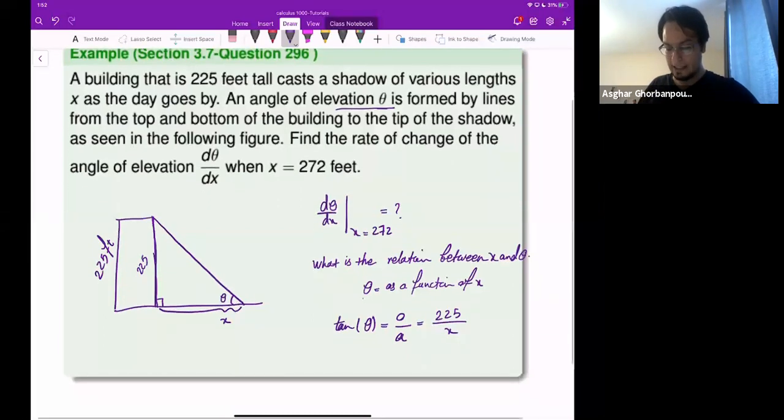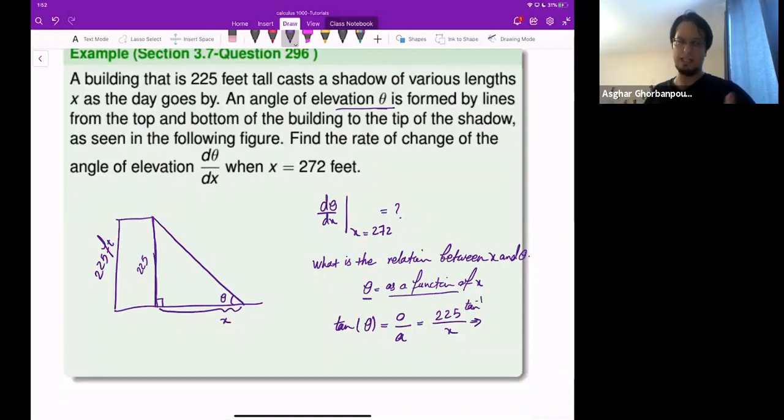But I want to write theta as a function of x. It means that I take tan inverse of both sides. I know that theta will be between 0 and pi over 2. So theta is going to be tan inverse of 225 over x.